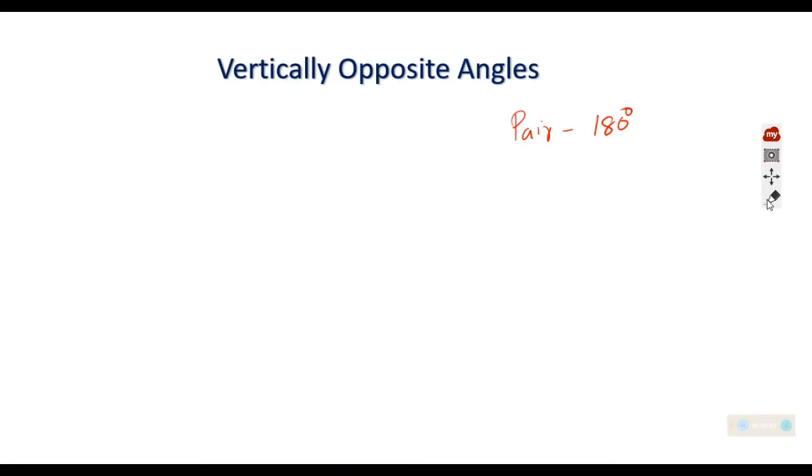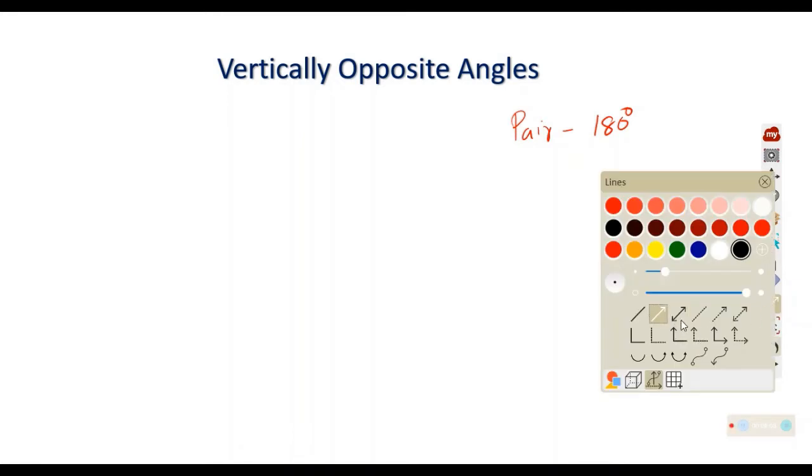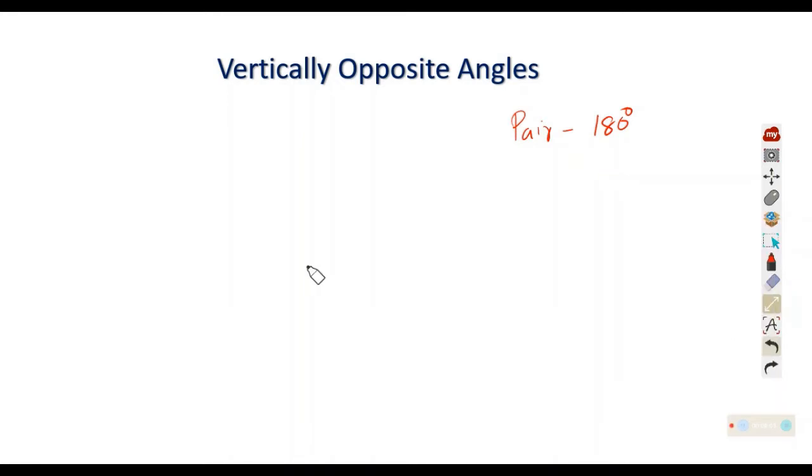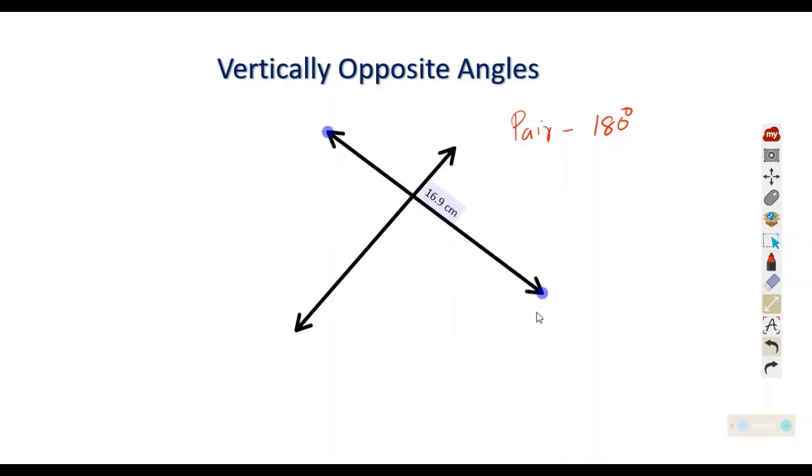Vertically opposite angles. Vertically opposite angles are formed when two lines intersect. Suppose that there is a line like this, another line like this. Let it be like this.